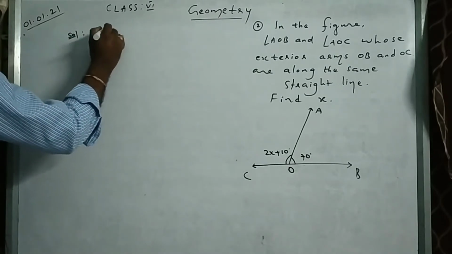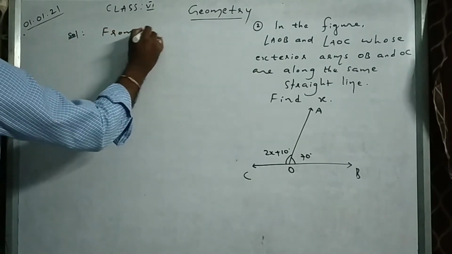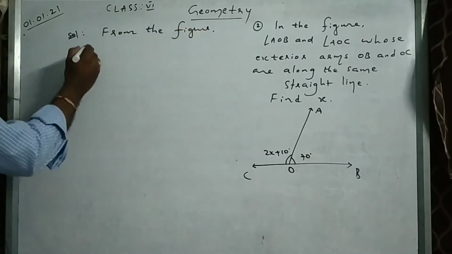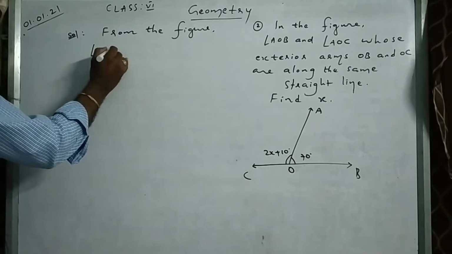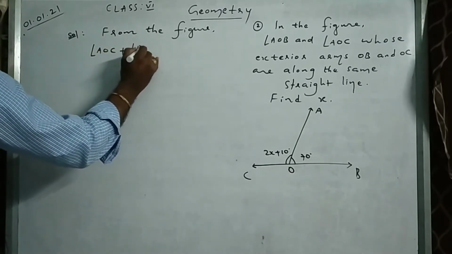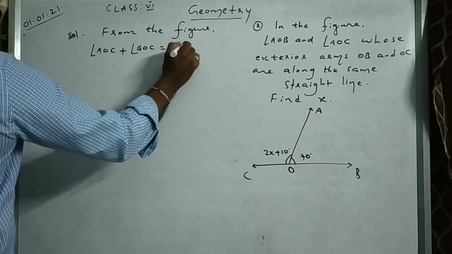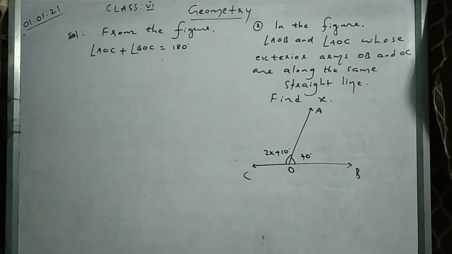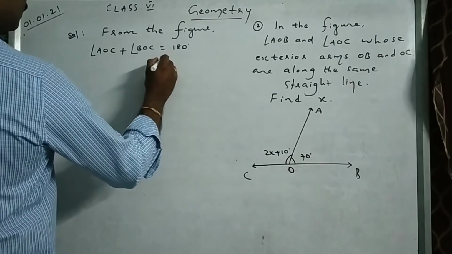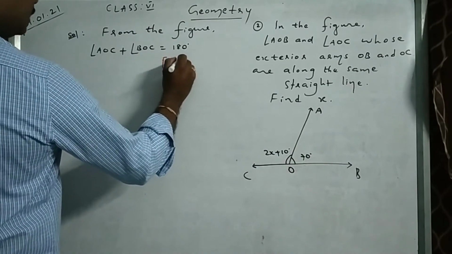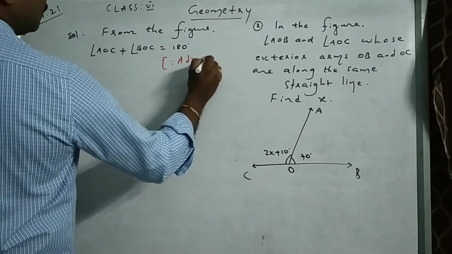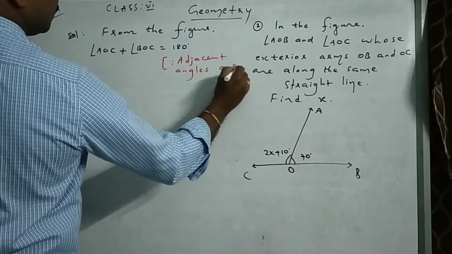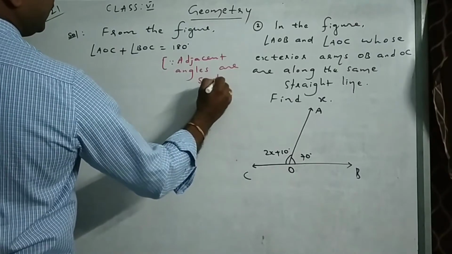Solution: from the figure, I can say that angle AOC plus angle BOC together are how much? 180 degrees, since they form adjacent angles. Adjacent angles are supplementary.